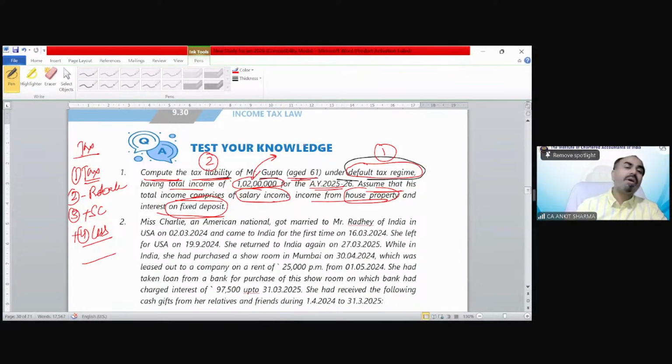Up to 1 crore, the surcharge rate is different, and after 1 crore, the surcharge rate is different. So when this kind of income is given in the question, you have to apply the marginal relief concept also. So now we will calculate the tax by applying the marginal relief concept.